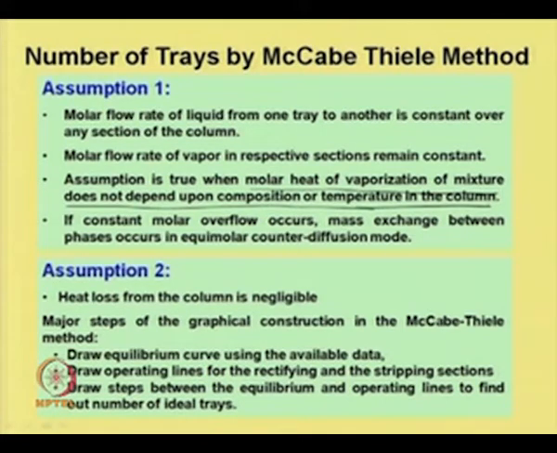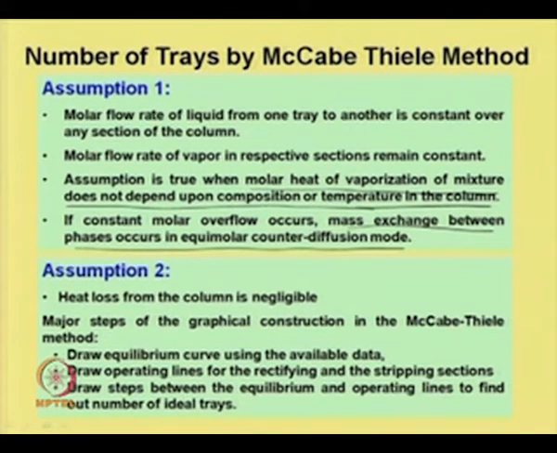This assumption would be valid. So, we call it constant molar overflow. If constant molar overflow occurs, then mass exchange between phases occurs in equimolar counter diffusion mode. Another assumption is that the heat loss from the column is negligible.